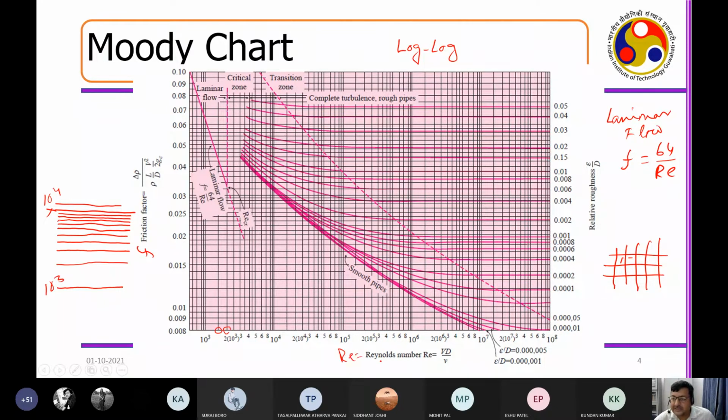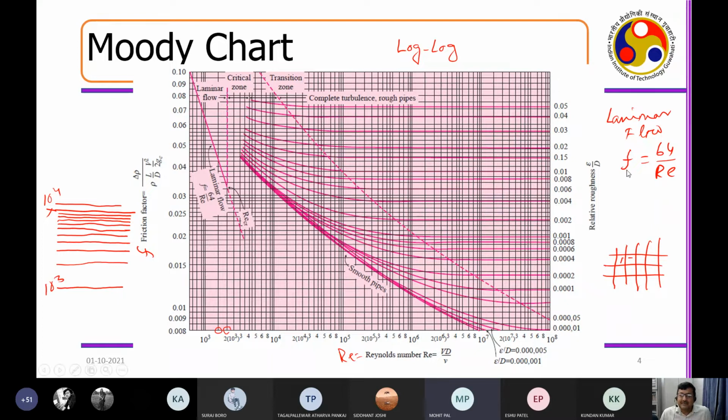So if the equation is F equal to 64 by Re, what do I expect? What type of plot will I have if I plot F versus Re? Sir, on a regular graph, it will be like a hyperbola, but in this case, it would be somewhat a straight line.